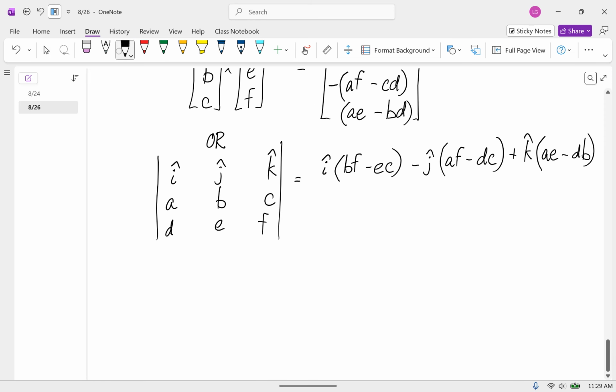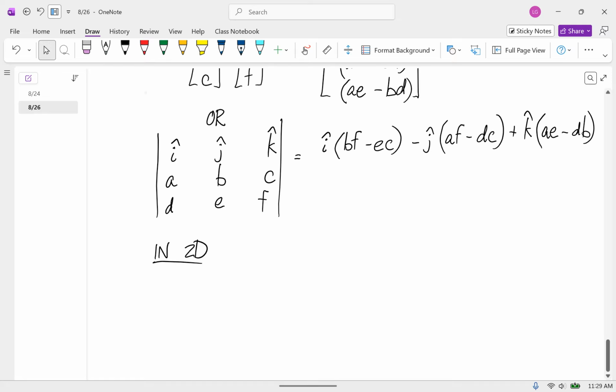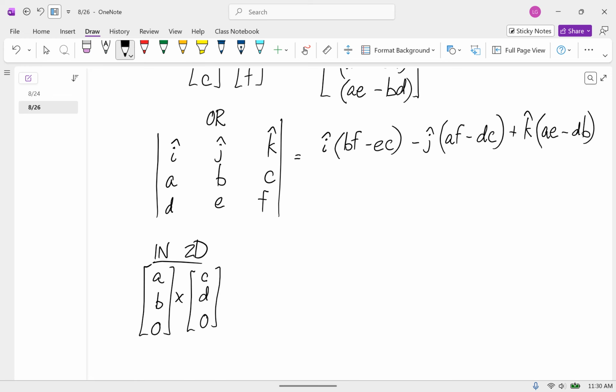Okay, what about in 2D? I want you to notice something important in 2D. So let's say that we have the cross product of the vector A, B, and then 0 because it's just in the xy plane, crossed with C, D, 0. And let's see what happens here. For the x component, cross this out, you have 0 minus 0.